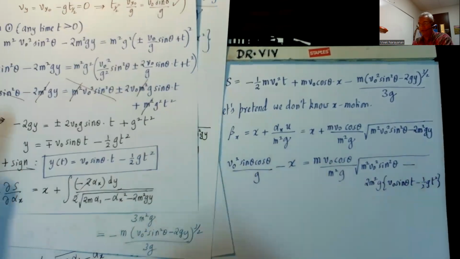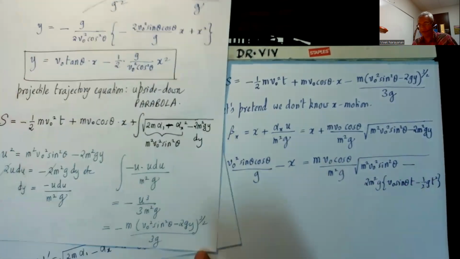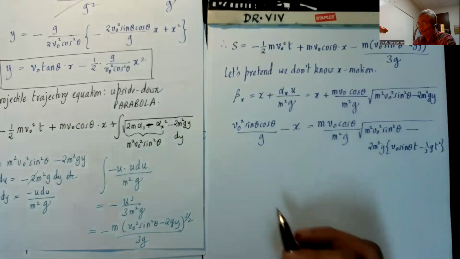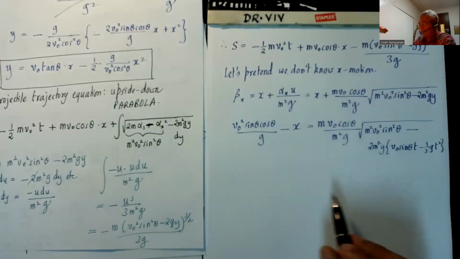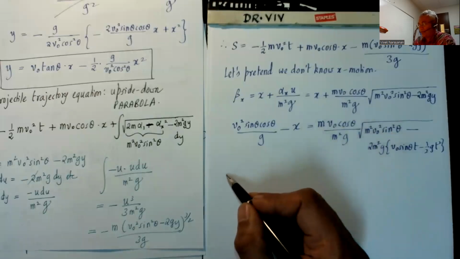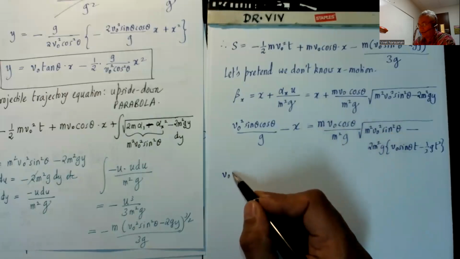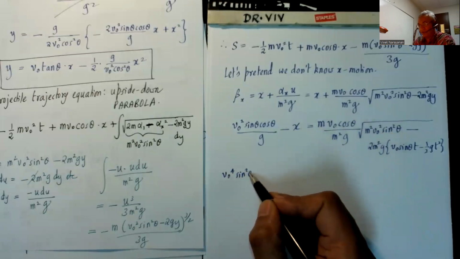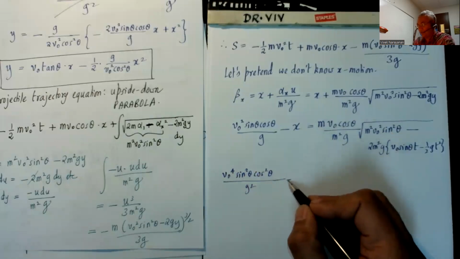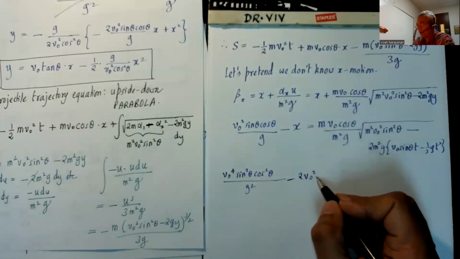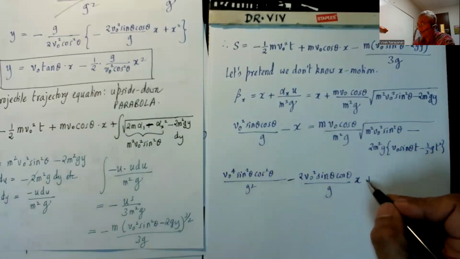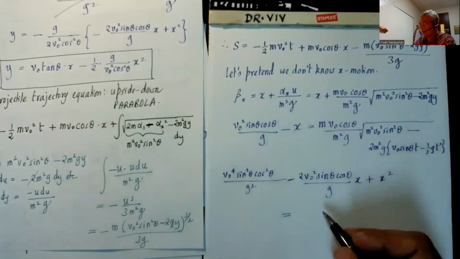Stay tuned for the next 2 minutes because you're going to see a miracle happening. So this is, I think, really amazing to see. So square both sides, just like we did before. If I square both sides, I'm going to get v naught to the 4 sine squared theta cosine squared theta over g squared minus 2 v naught squared sine theta cosine theta over g times x plus x squared, and that's equal to all this stuff.